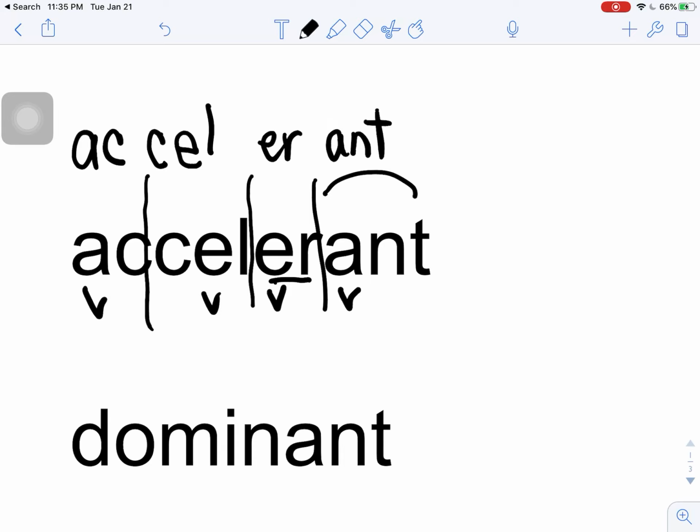And there are some very obscure rules as to when to say A-N-T and E-N-T. Generally, if you can say accelerate, if you know the verb form is A-T-E, you're going to use the A-N-T to make the noun or adjective form using the ending.